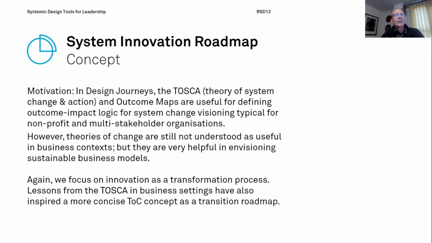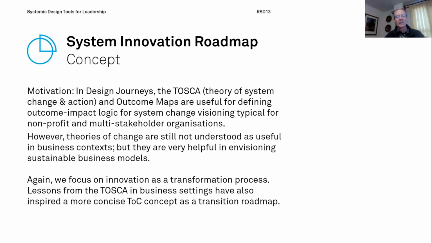So the system innovation roadmap, the concept for this is also to make sense of and to simplify the inherent complexity of a theory of change so that it could be used by commercial organizations and enterprises such as municipalities, which may not have in their sense of mandate or their strategic plan a normal kind of theory of change for impact.